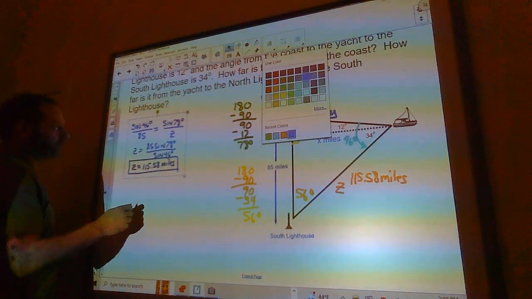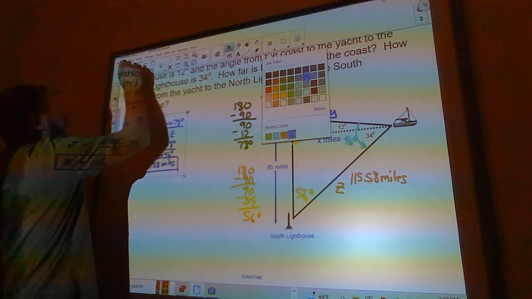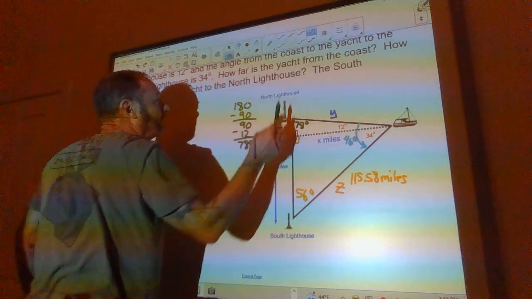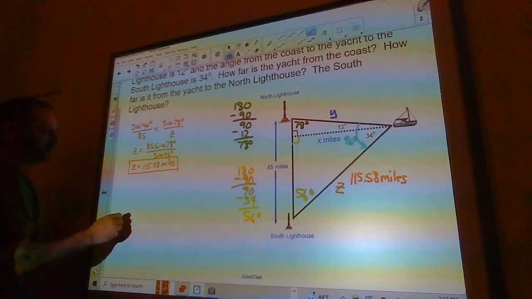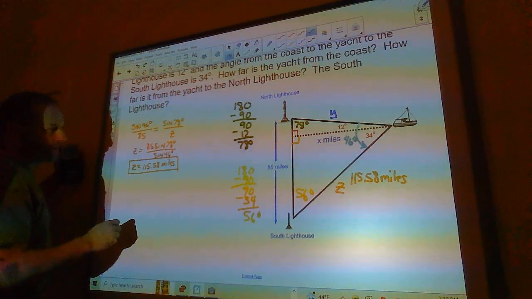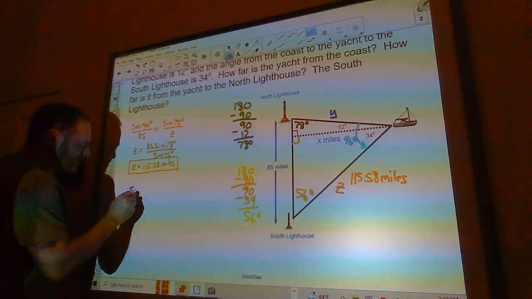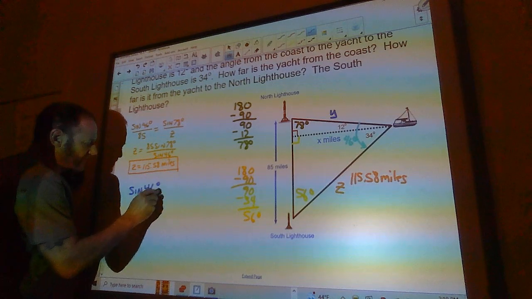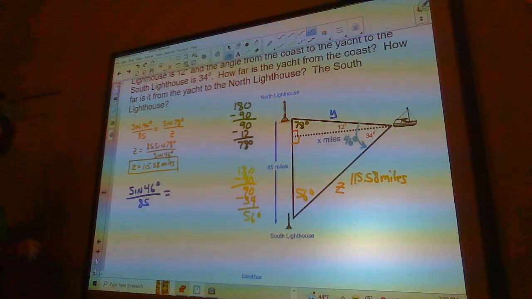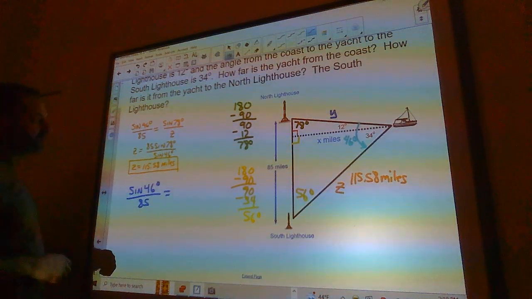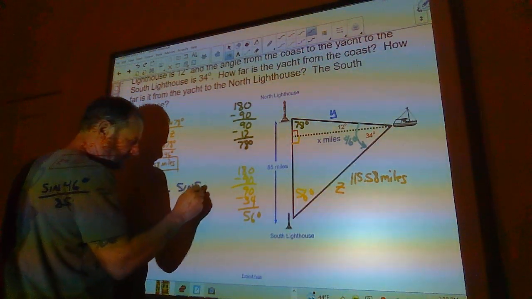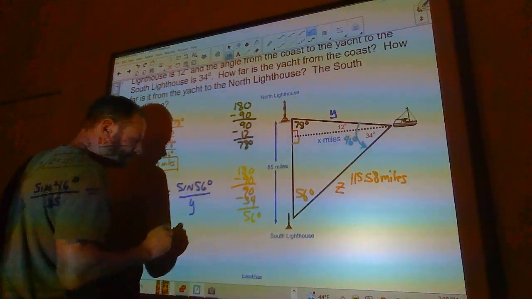Okay, so again, we're going to go back to the sine of 46 over 85 is going to equal the sine of 56 over y.